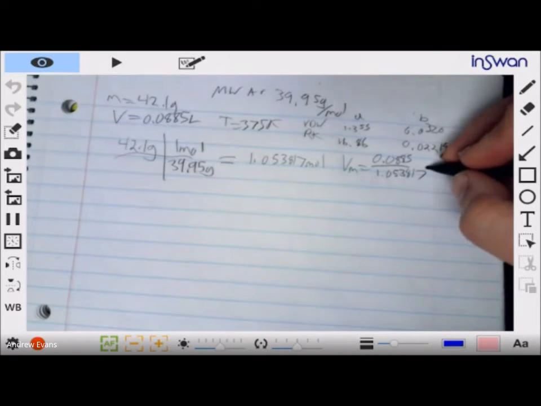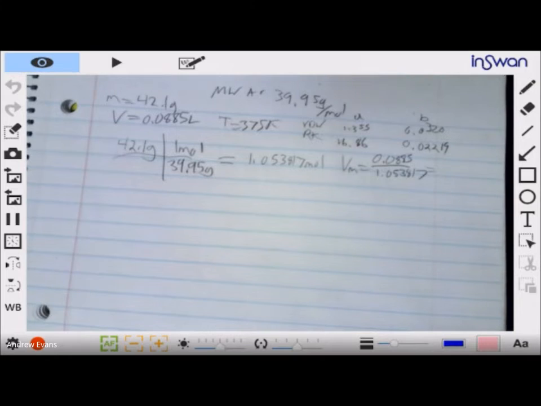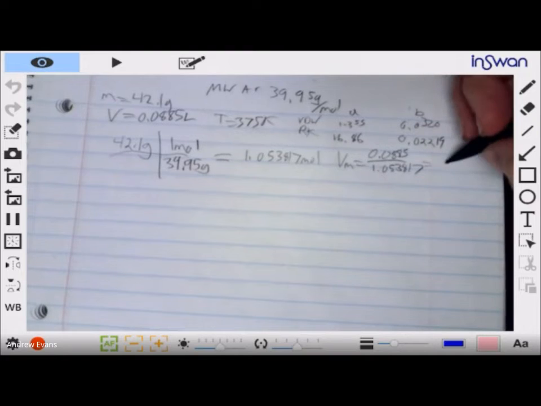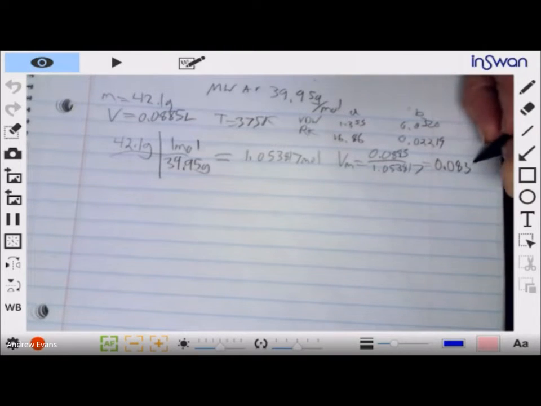I'm going to do that real quick and save ourselves a little bit of time. So that changes our molar volume to 0.08398 liters per mole.